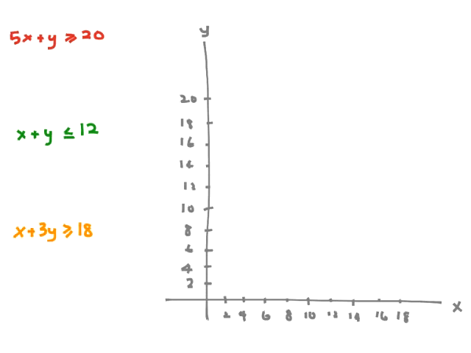So for our first inequality, we have 5x plus y greater than or equal to 20. When we have an inequality, we want to come up with points. The first thing we need to do is change the inequality into an equation, so we have 5x plus y equals 20. Now with the equation, we can come up with points.